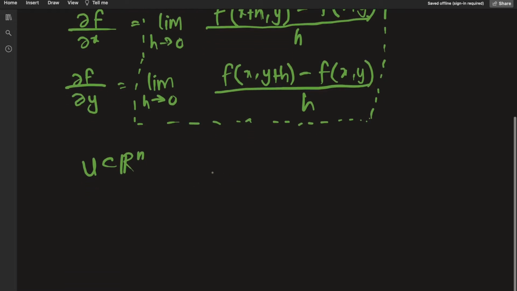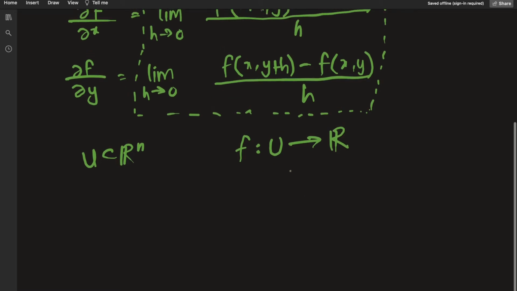I'm writing this more generally for an n-dimensional input space. Let's have a function that maps points in U to points in R. You can think about this as an n-dimensional input space scalar field, because it's mapping to R, not any other higher dimension.